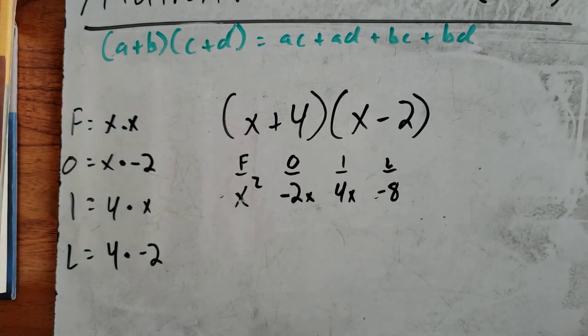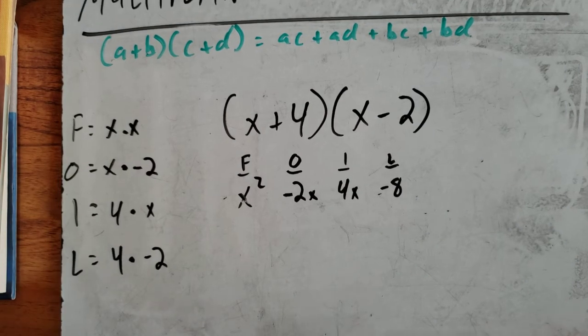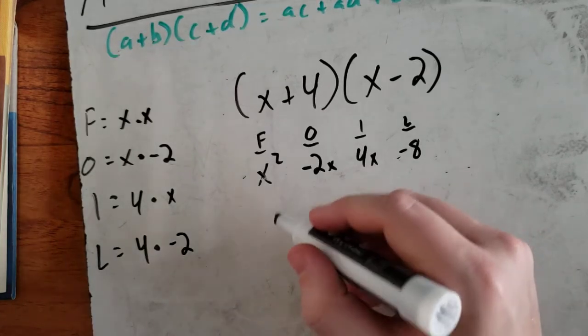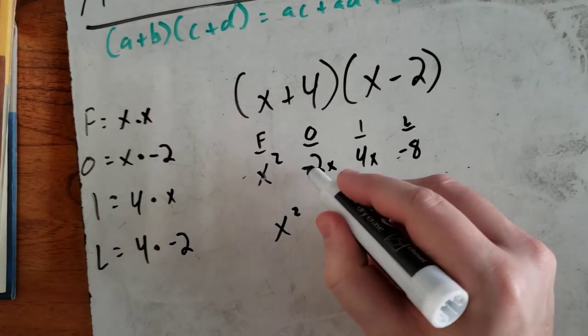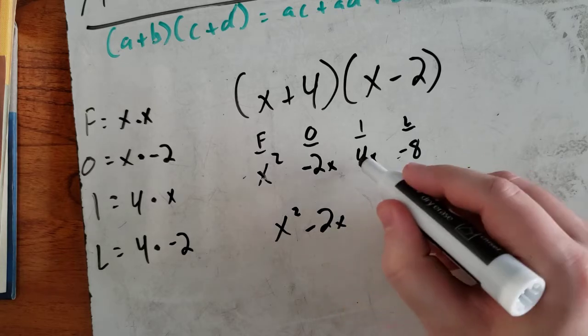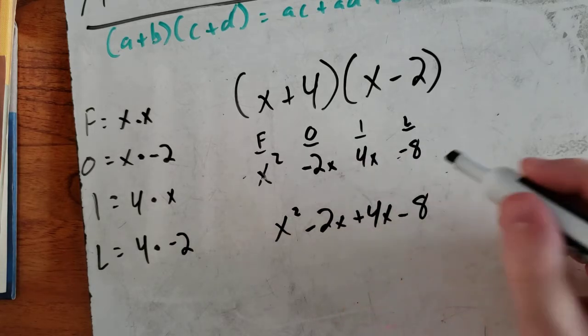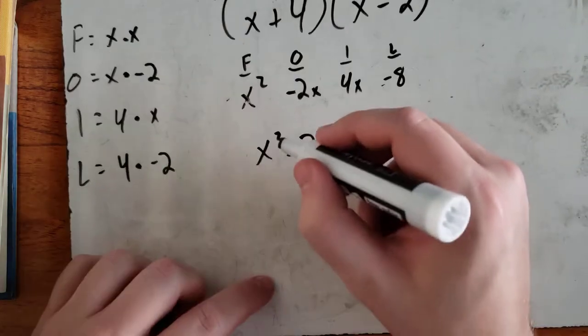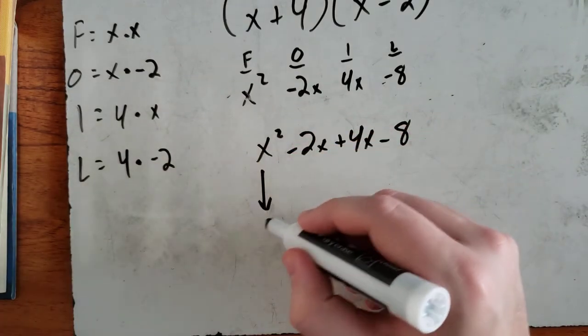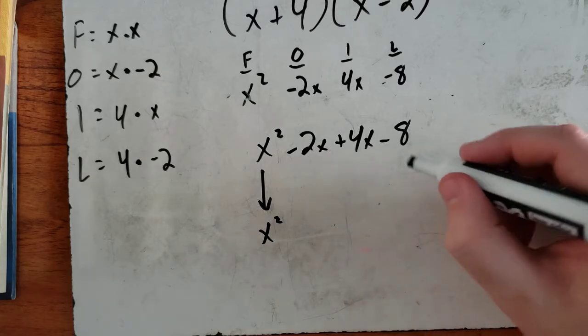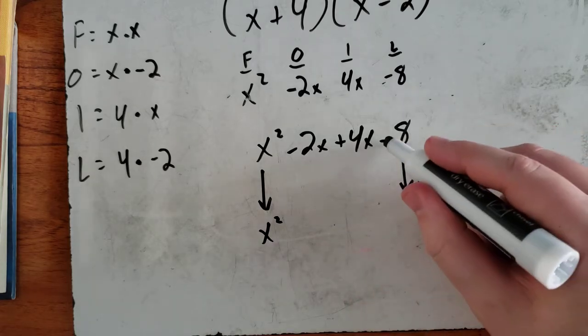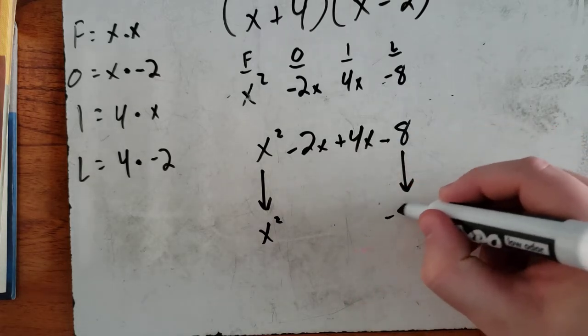Now, if we put this together as an equation, we have x squared minus 2x, and this is a positive, so it's plus 4x, and then a minus 8. Remember, our first gets dropped down to x squared, our last gets dropped down, and this minus comes with it, so it's a minus 8.